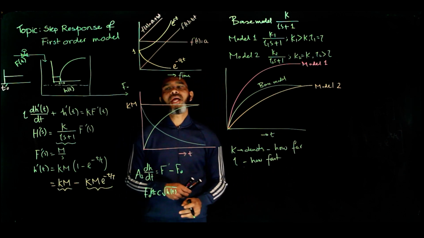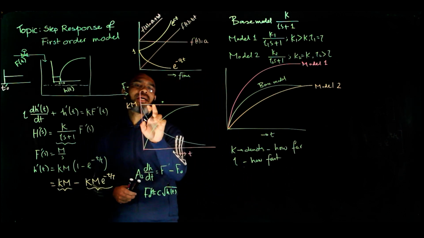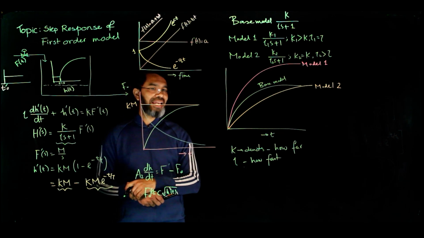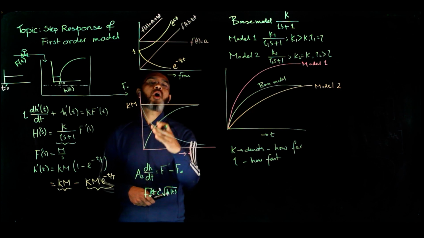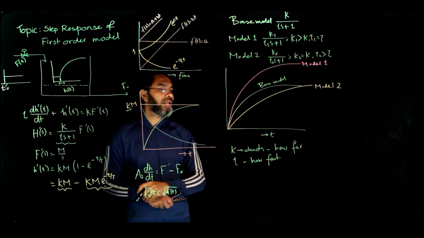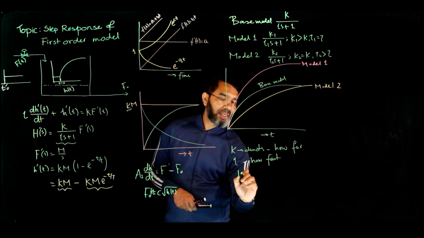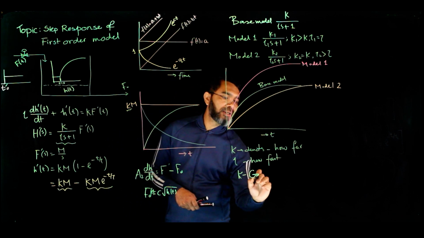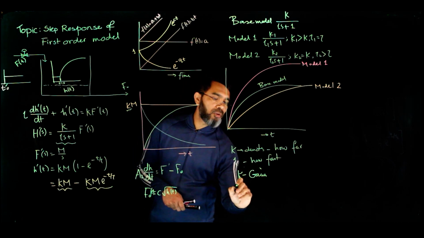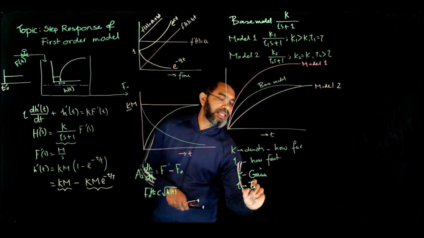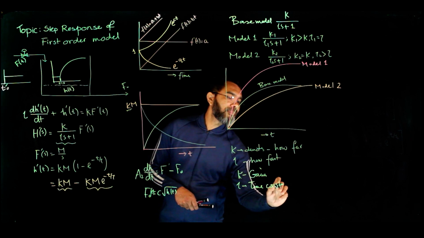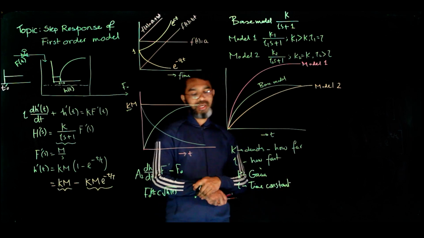And in fact, if you look at this response here, the final value is km, where m is the value of the input. Okay, so the output value is multiplied by this factor k. So that's why this k is called the gain. Okay, and this tau, which denotes the speed of the response, is called the time constant.